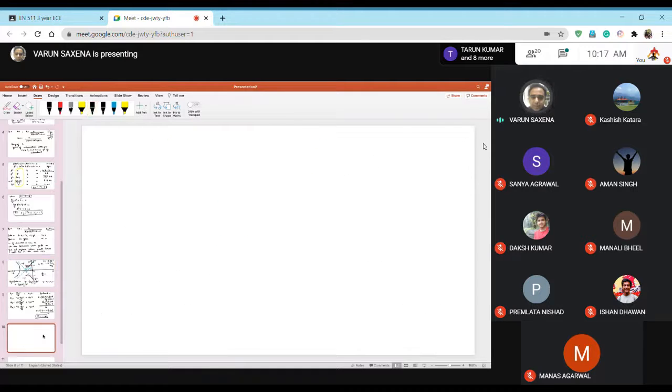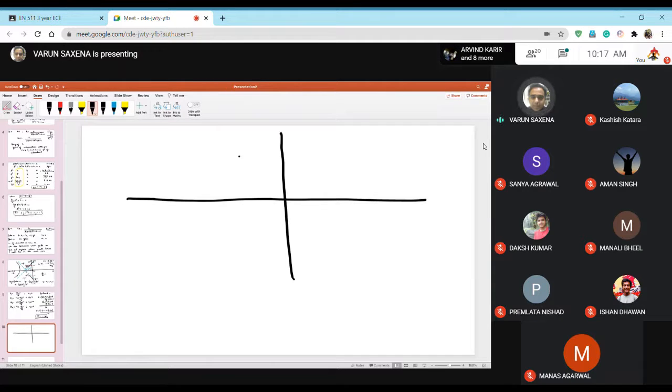So quickly, let's see how you can evaluate it. I'll just give you an idea. Suppose you are looking at this pole. You have one at minus 3 here, one at 0 here, and one here. This point is minus 1. What is the angle theta being subtended by this minus 3?